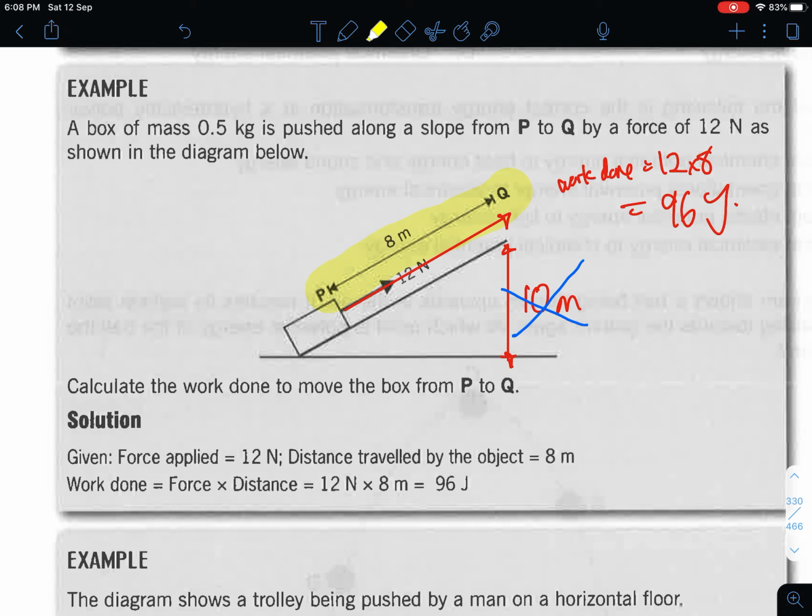Yes, in a sense you could say that the box is also moving upwards, but in terms of accuracy, as long as the force direction is parallel to the direction of the object being moved, that would be the value that you want to use for your calculation.